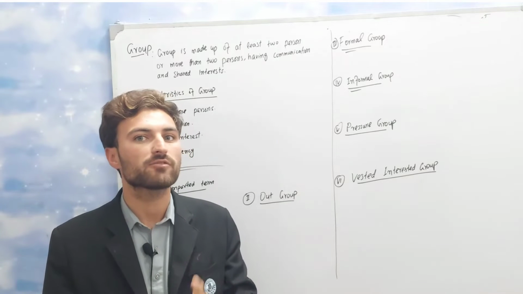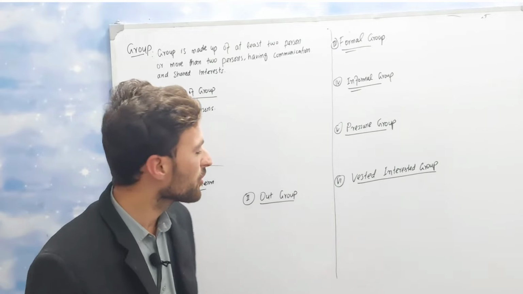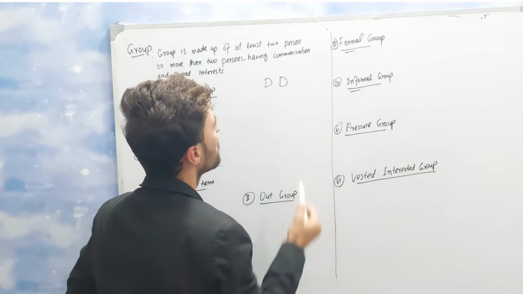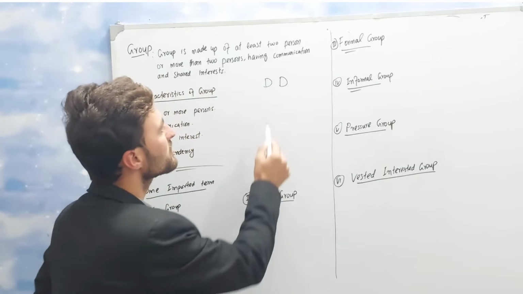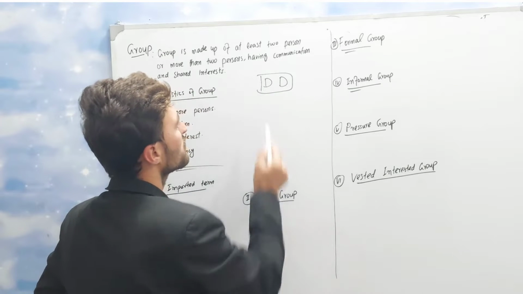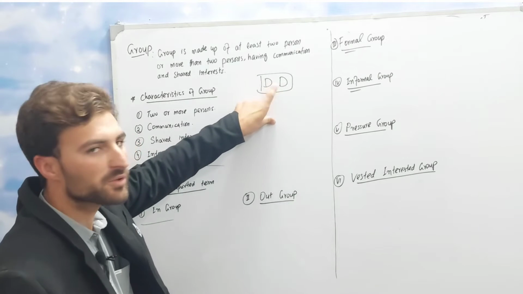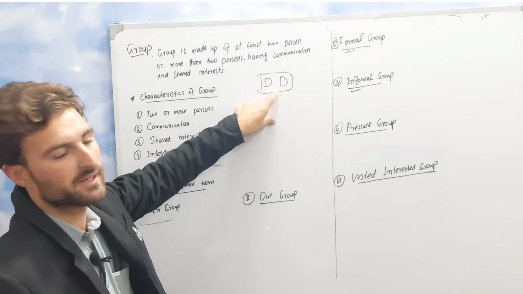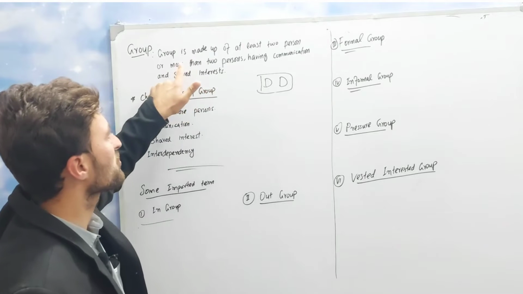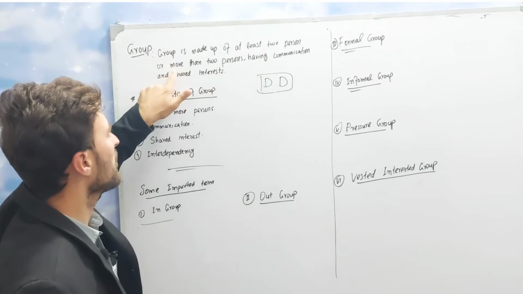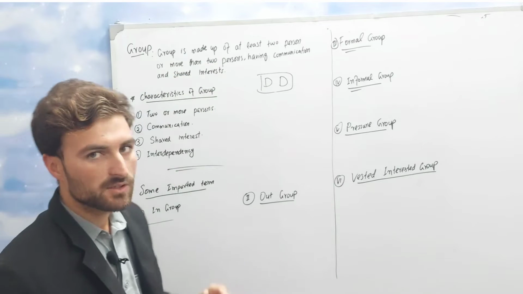A group cannot be made from only one person; it needs more than one person. At least two are able to make a group, but without these two the group cannot be made. So the first point is that a group is made of at least 2 or more than 2 persons.